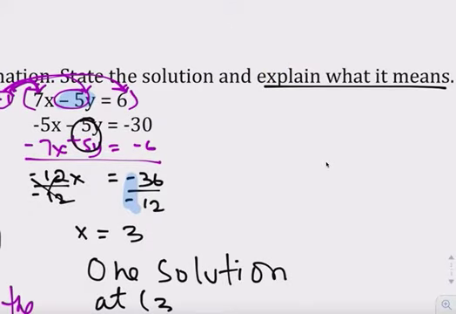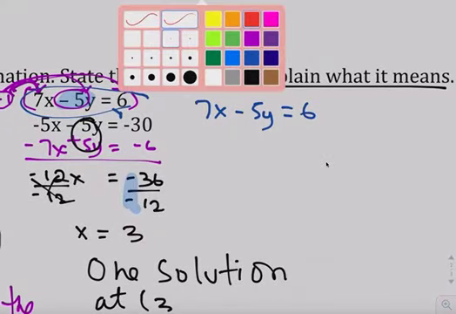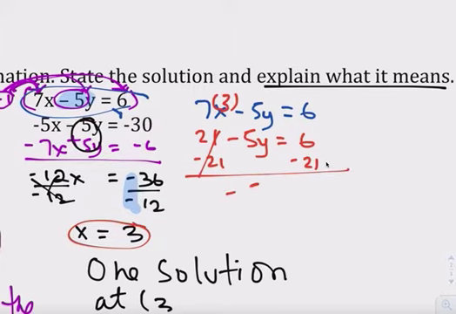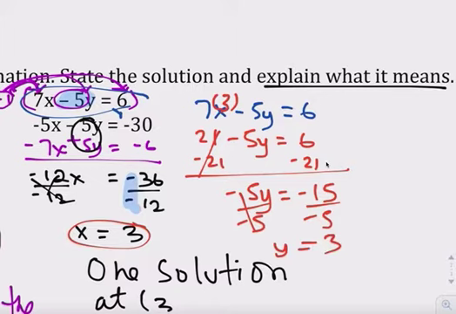So, this one looks the easiest because it has more positive numbers. 7x minus 5y equals 6. So x is 3, so I'm going to substitute x for 3. So that's 21 minus 5y equals 6, minus 21. That gives you negative 5y equals negative 15. Divide by negative 5, divide by negative 5, y then is a positive 3. So it's one solution at 3, 3.